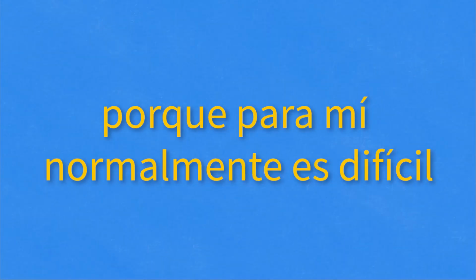Normalmente lo es. And for me, normally it is? Para mí, normalmente lo es. Because for me, normally it is. Porque para mí, normalmente lo es. Because for me, normally it is difficult. Porque para mí, normalmente es difícil.